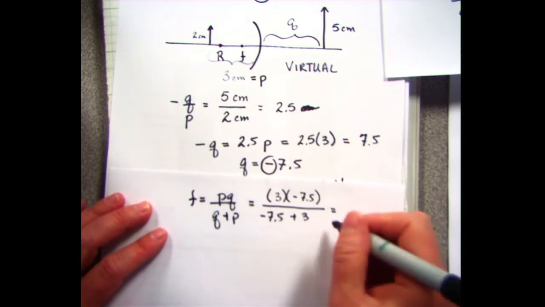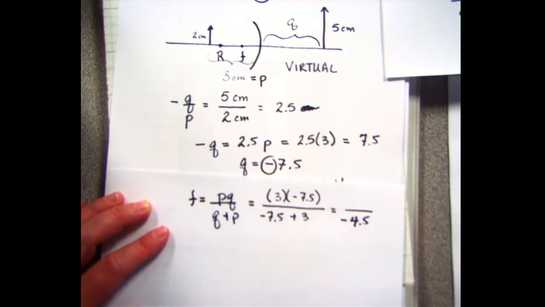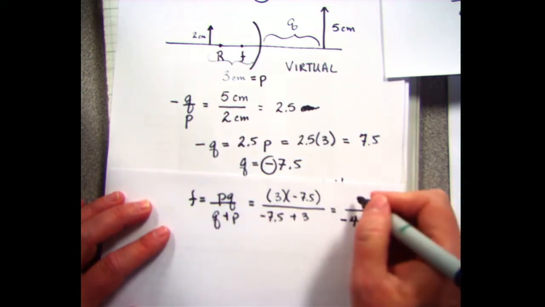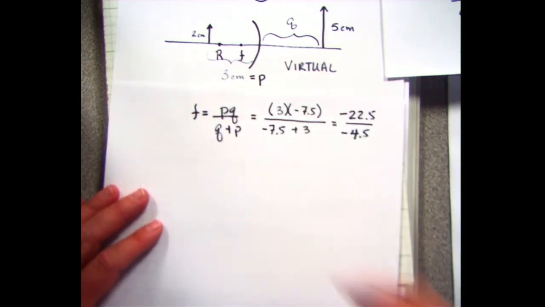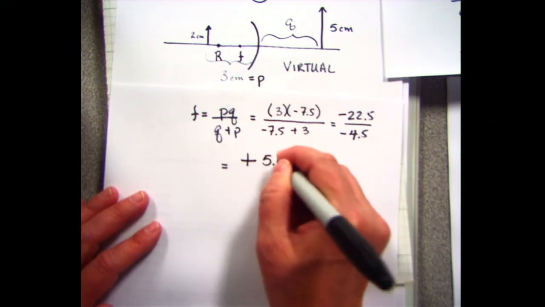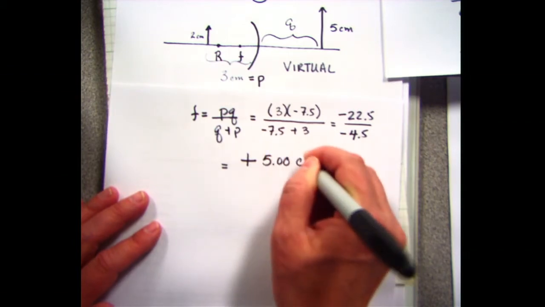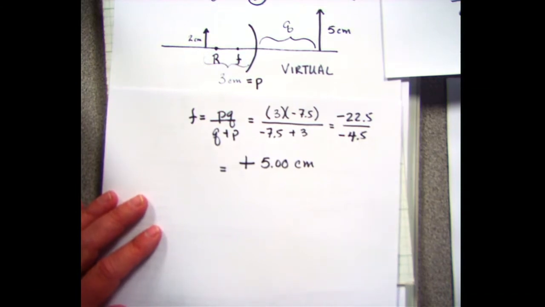So this becomes over 4.5 and it's negative. 7.5 times 3 gives me 22.5 and it's negative. It gives me a positive answer, a positive 5 centimeters.